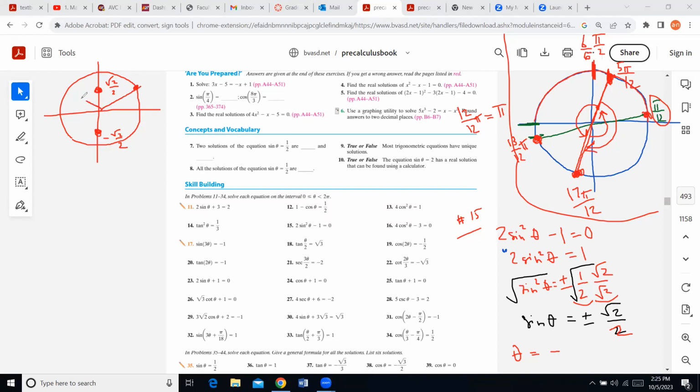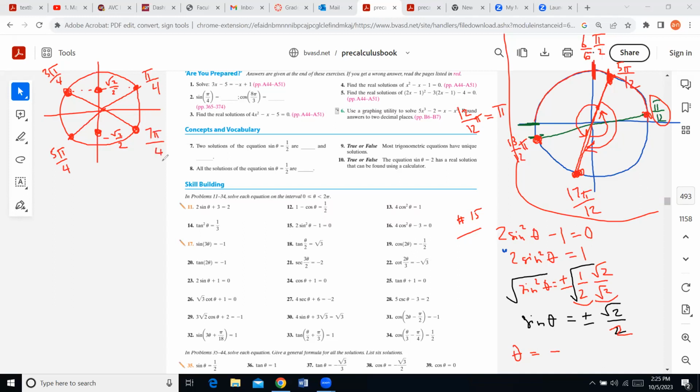But there'll be another 45 degrees angle here, right? And notice that there'll be two more of them. So there'll be actually 4 angles here, such as pi over 4, then 3 pi over 4. So we get odd number of pi's divided by 4. 5 pi over 4, and finally 7 pi over 4.